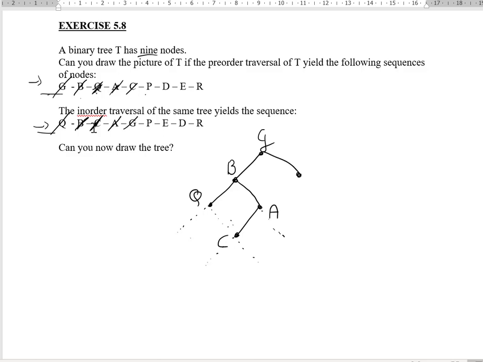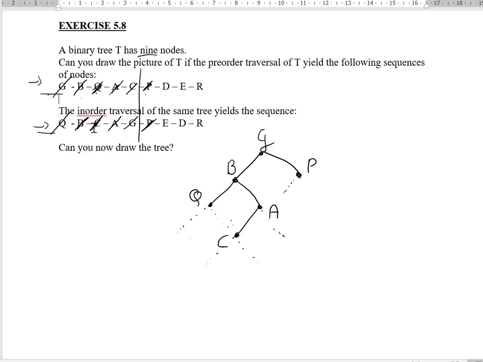Okay, so we go to the right tree, this part is left tree, we go to the right tree, and the first element we see is P. We see it in both orderings, so that means that the left tree of P is empty, because we see it here. Okay, that's good.